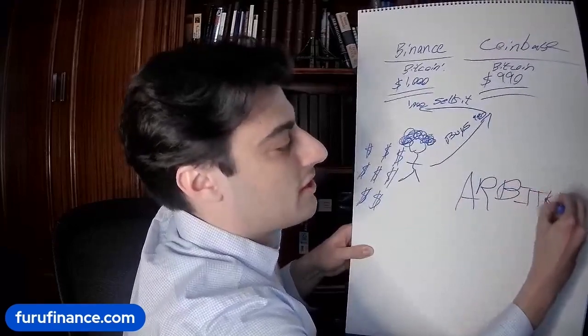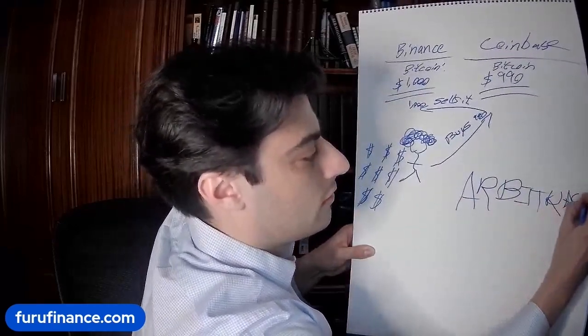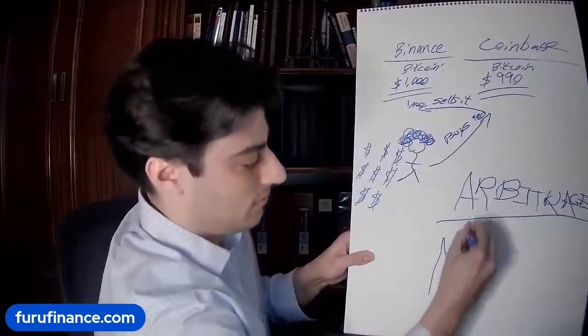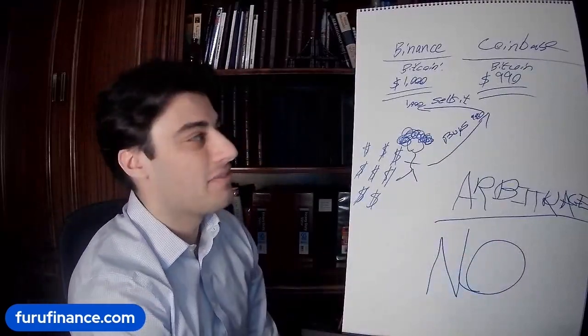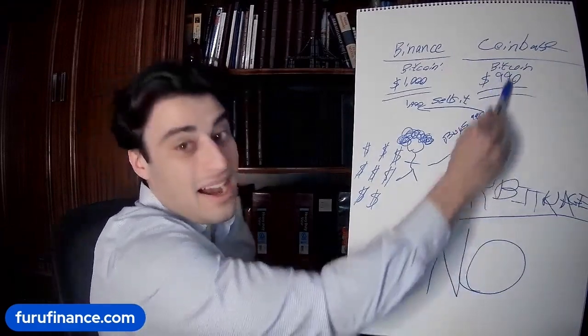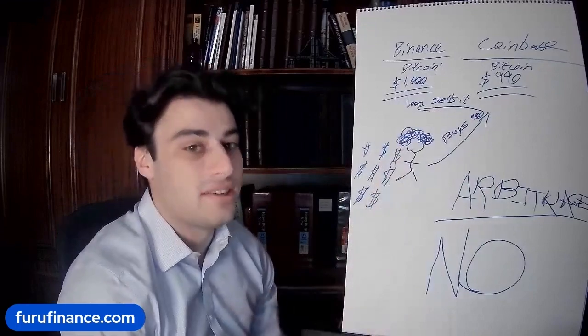So could he just keep doing this? Could he keep on doing this? No. Why? Why can't he just keep on buying it for $990 and selling it for $1,000 and just retire? Because as he buys it up, the price goes up, right? And as he sells it here, the price goes down.